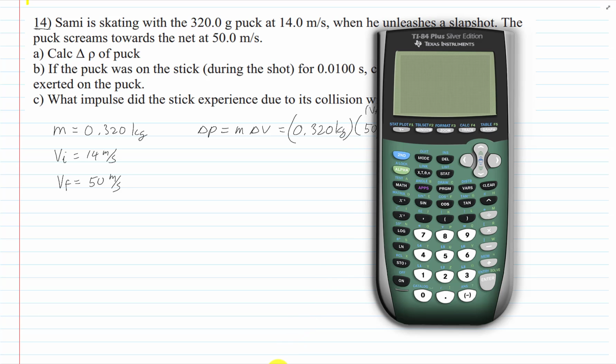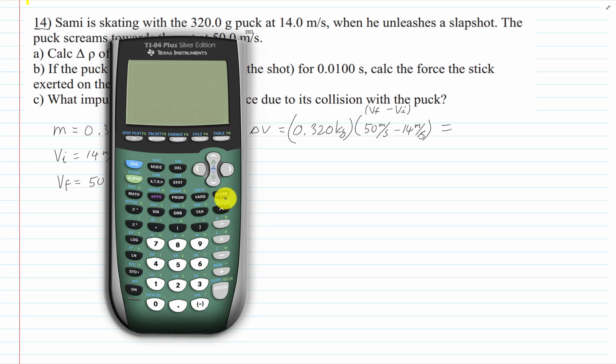So when we pull up Mr. Calculator here and go 50 minus 14, the change in velocity is 36, and multiply that by 0.32, we get 11.52 units, kilograms times meters per second. And if it needs a direction, we'll just go forward, away from Sami towards the net.